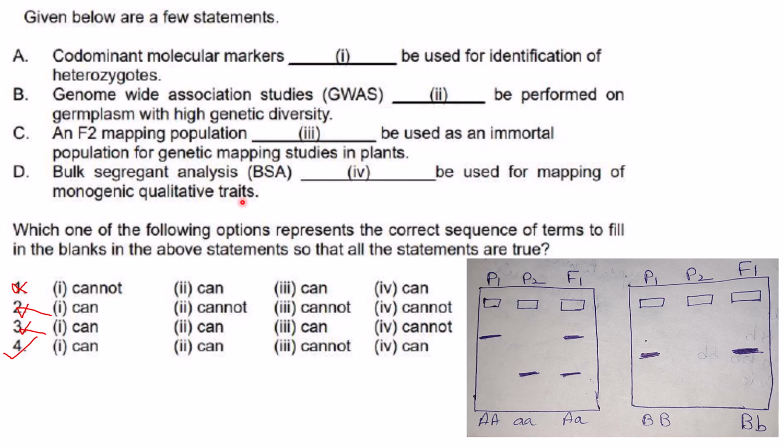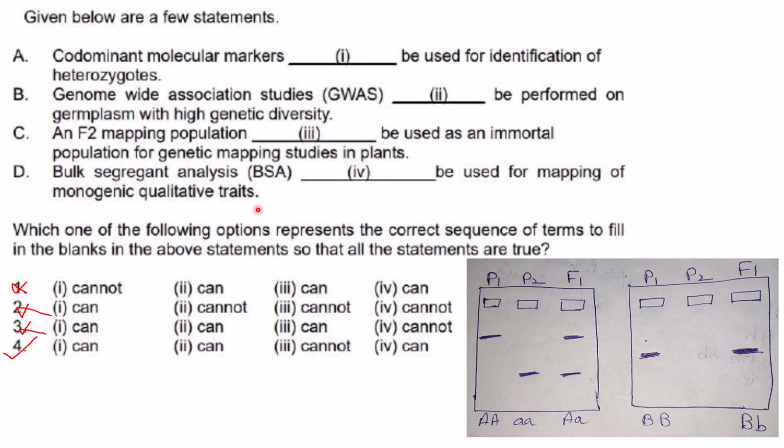So they are telling that bulk segregant analysis can be used for mapping of monogenic qualitative traits. Yes, they can be used for mapping monogenic qualitative traits. Monogenic qualitative traits are Mendelian traits determined by a single gene, and they have only two alleles. That is what is meant by monogenic.